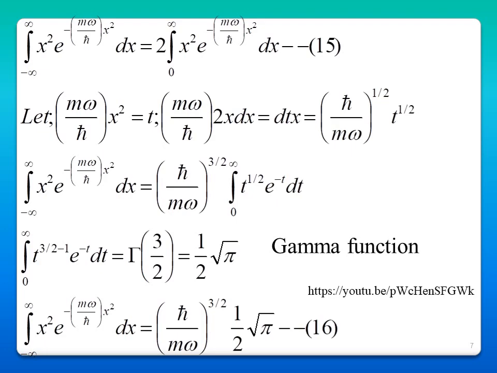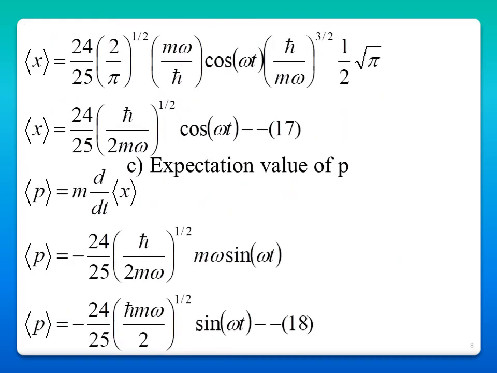Gamma of 3 by 2 is 1 by 2 into gamma of 1 by 2. Gamma of 1 by 2 is square root of pi. So if you use these terms, we can get the integral value is h cross by m omega whole power 3 by 2 into 1 by 2 square root of pi. So the expectation value of x is 24 by 25 h cross by 2m omega whole power half cos omega t.